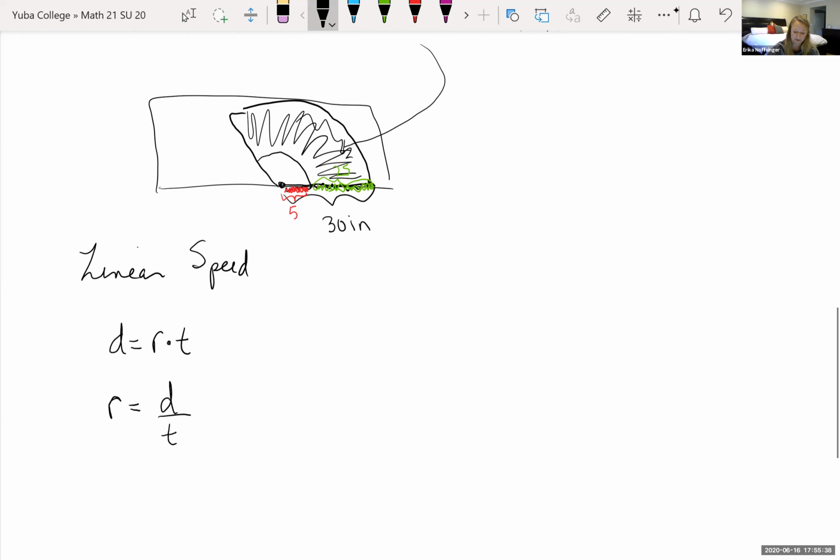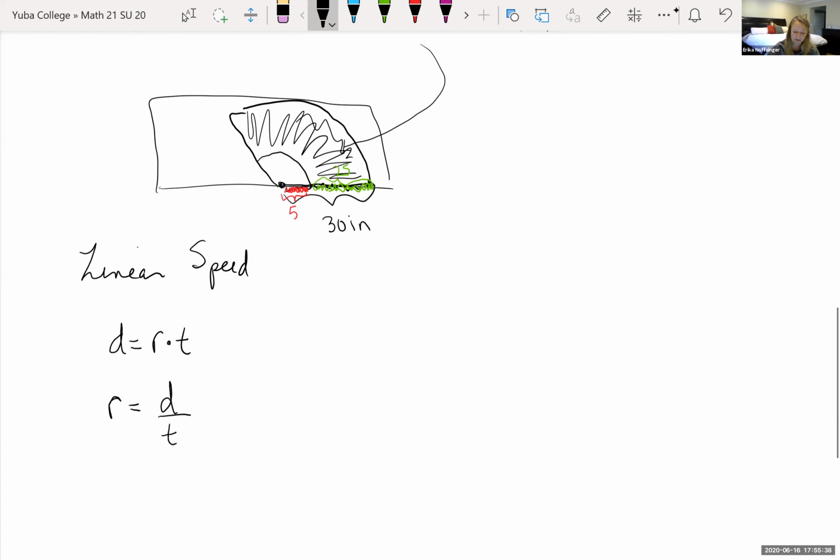And distance, well, if we're talking about an arc length, so that distance of the arc, remember we could find that, and that's what we're looking at. The distance of our arc is the arc length. Remember, arc length was denoted by s, and that was equal to r times theta. So I'm going to rewrite this a little differently.